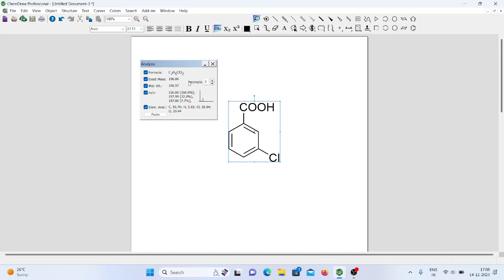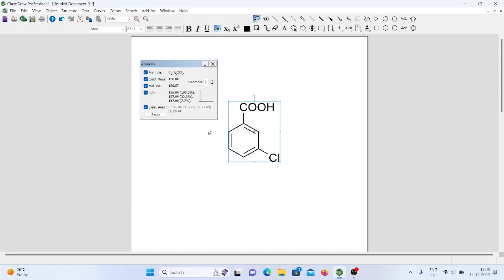Second one, molecular weight. We all know that whenever you see the spectra of mass, what we will observe? We will observe some particular lines. Those lines are indicating m/z on x-axis and intensity on y-axis. So mass by charge ratio of species of ions we will get.